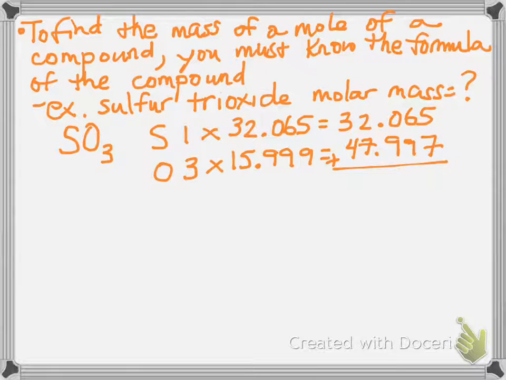And then I add these masses together. And so I get 80.062. And because this is molar mass, this is going to be units of grams per mole. So that means that if I have 6.022 times 10 to the 23rd molecules of sulfur trioxide, I'm going to have 80.062 grams of sulfur trioxide.